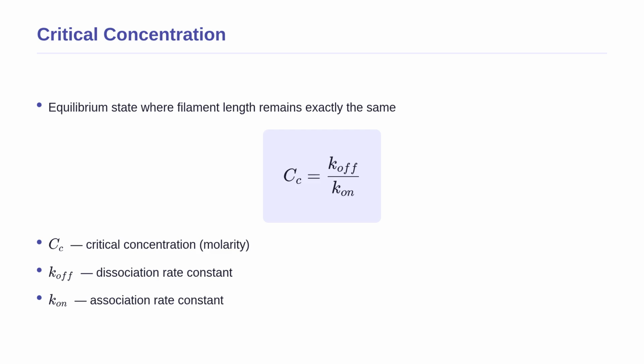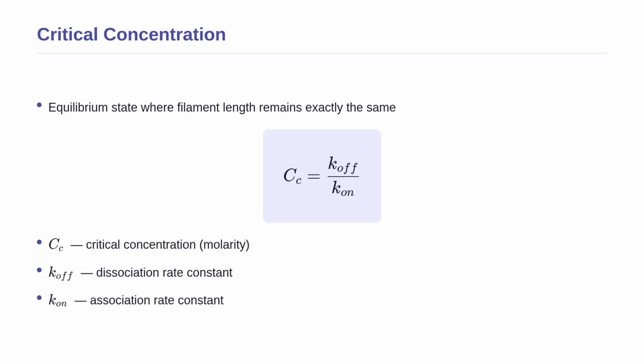Building on that growth rate, we reach a very important equilibrium concept called the critical concentration, denoted as CC. Conceptually, this is the exact sweet spot where the rate of monomers attaching perfectly equals the rate of monomers falling off. At this specific concentration, the filament neither grows nor shrinks.